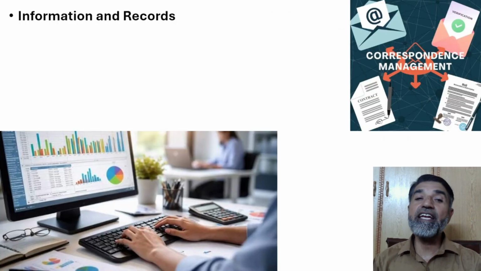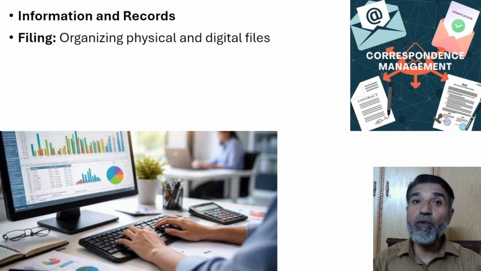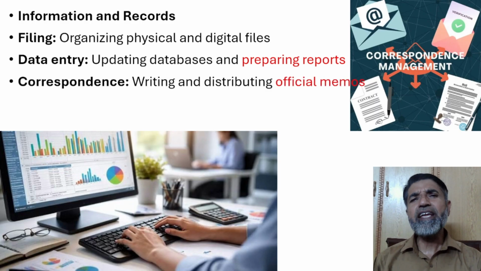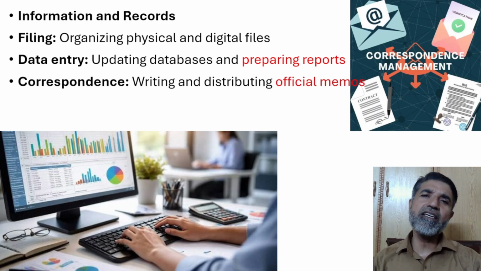Then information and records will be seen and managed as per his level, and he will make all the filing arrangements as per the order given. For data entry he must be smart enough and computer literate, and also good at communication, verbal or non-verbal.